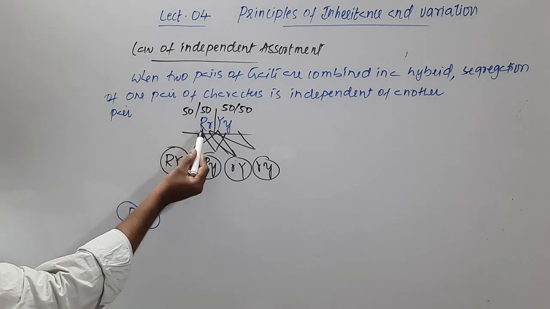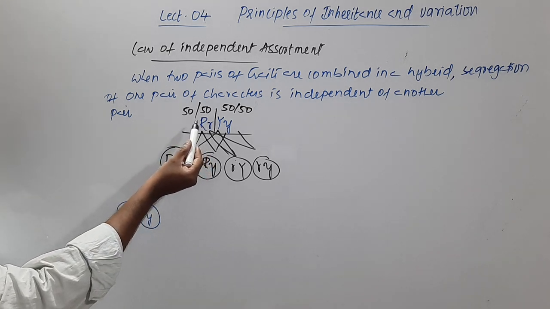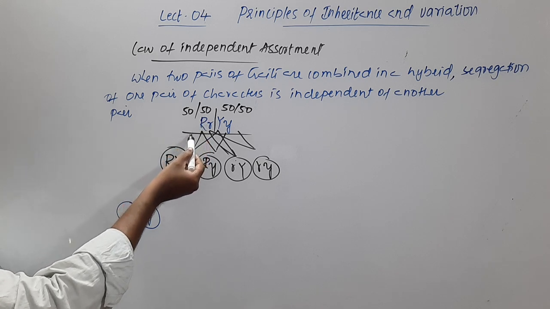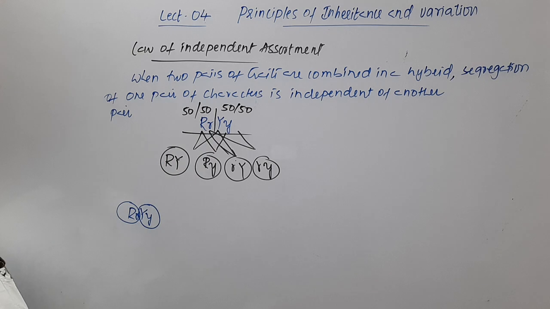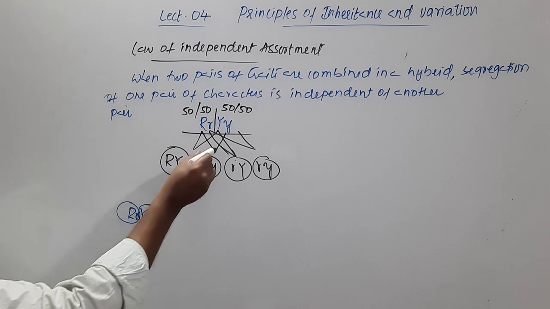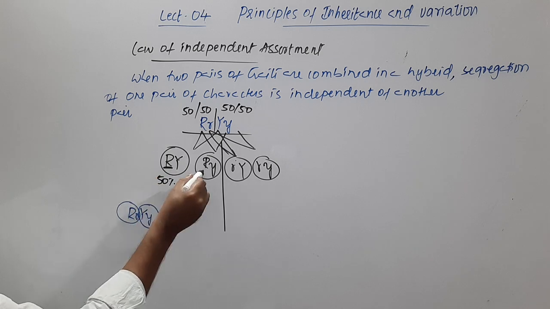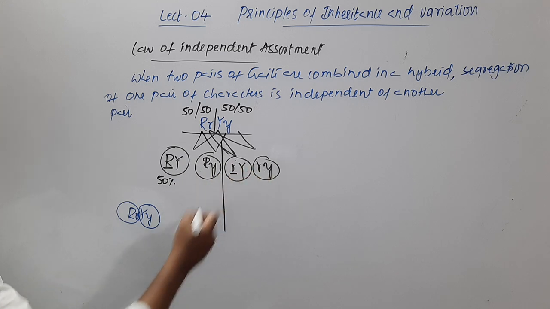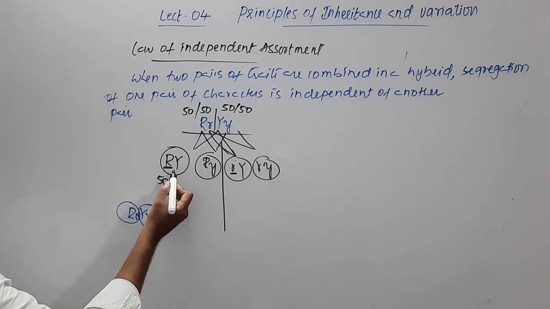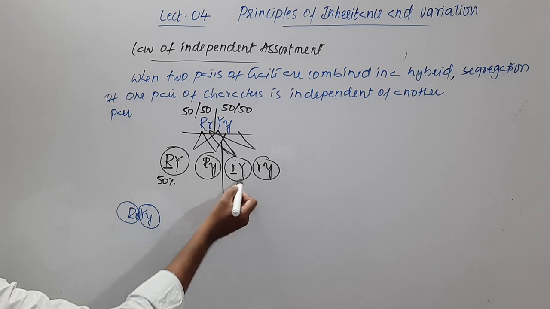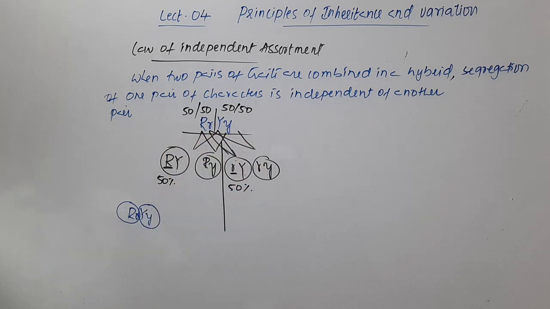So this is independent of this, small r. Capital R has a 50% chance, and this small r also has a 50% chance. Here I'm talking about capital R and small r, and you can also see the capital Y and small y are also 50-50 percent of separation.